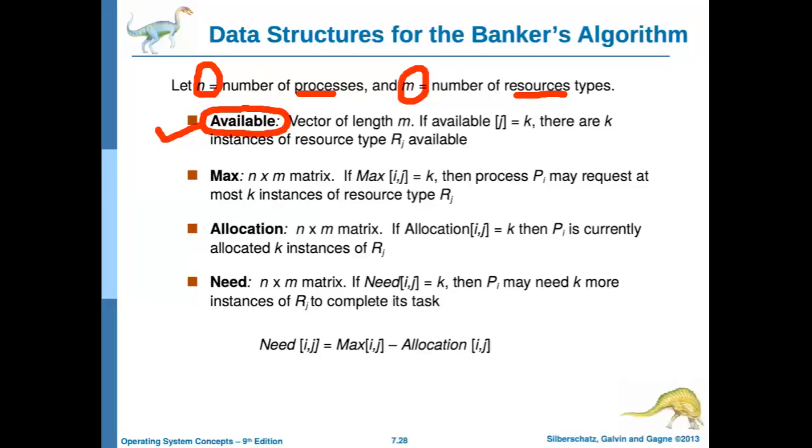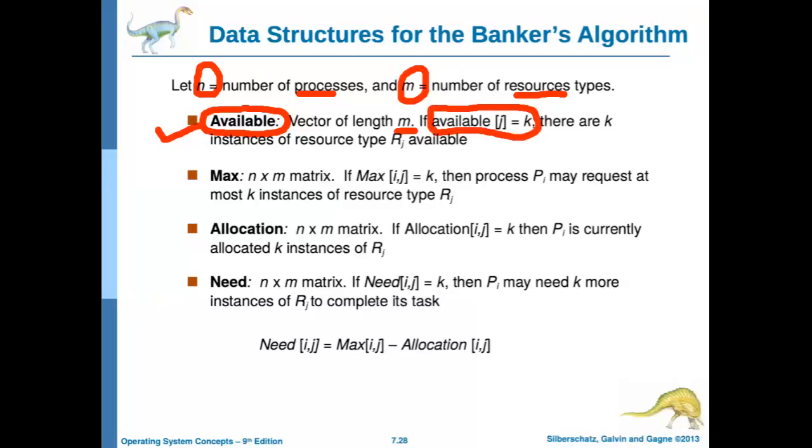Now remember, whenever m is used, it deals with resource type and not with processes. Always remember that. So Available, it is vector of length m. And meaning of that is how many instances of resource type are available. Okay, so for example, if Available[j] is equal to k, try to understand this one now.